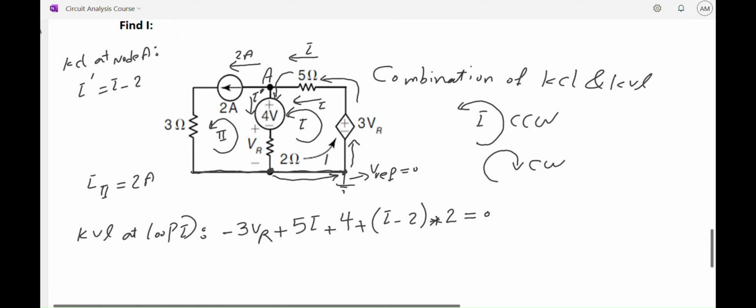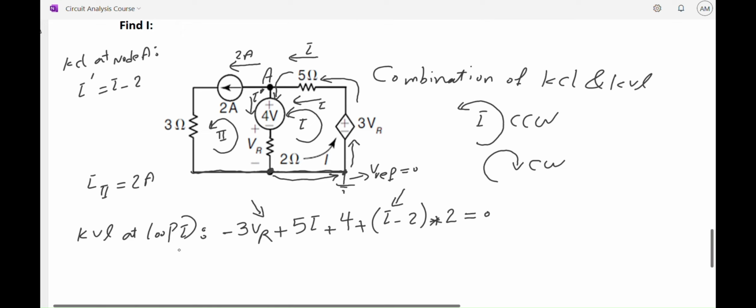But I have one equation and 2 unknowns. What I need is a relationship between VR over here, this is my unknown, and I over here. So I have 2 unknowns. I need to figure out a relationship between these 2.